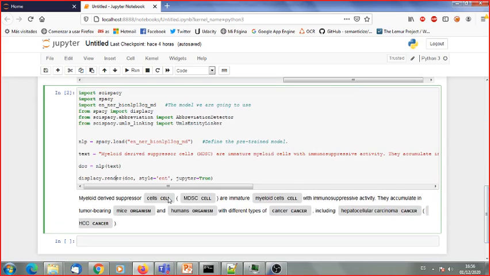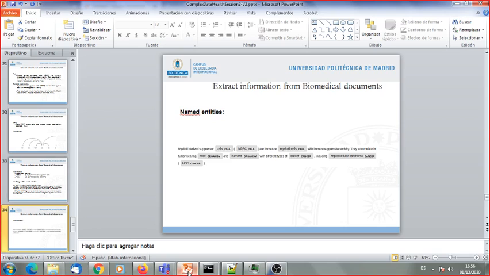It shows you the entities, the entity and the entity label. Cells are cell, MDSC as cell, myeloid cells as cell, mice, organisms, humans, organisms, cancer, cancer, and hepatocellular carcinoma is also cancer. And HCC, it's a type of cancer.